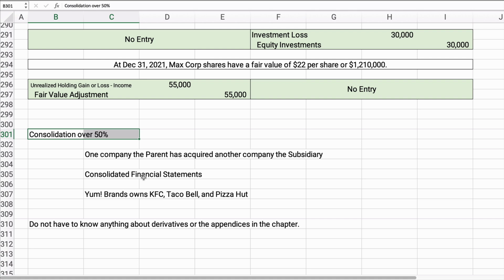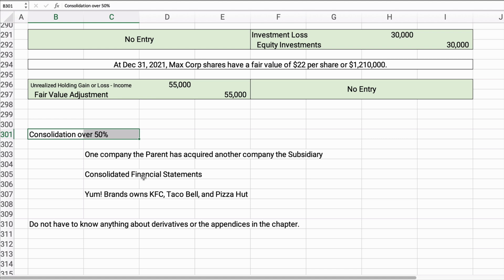But right now they own a majority and they get to control whatever that company does. But there's probably some original investors in Kentucky that own shares of Kentucky Fried Chicken directly. All right, so you never see a Kentucky Fried Chicken financial statement. You only see Yum Brands, and it talks about different divisions or whatever.